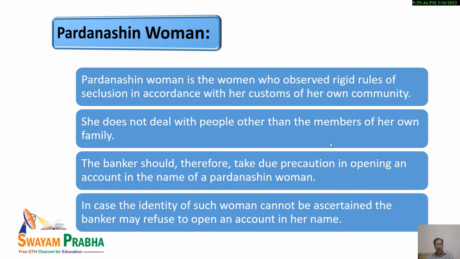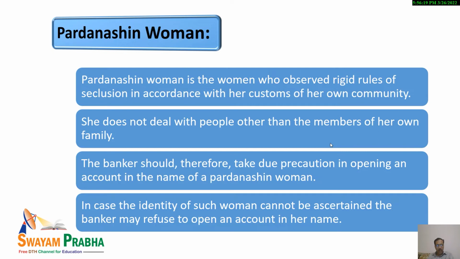In case some Pardanashin woman comes to the bank in order to open an account, the bank should again take due precautions, special precautions, in opening the account in her name, as it is very much necessary to identify her. She will be under the parda. She might be using some burqa. So how to identify the real identity? How to trace the real identity?